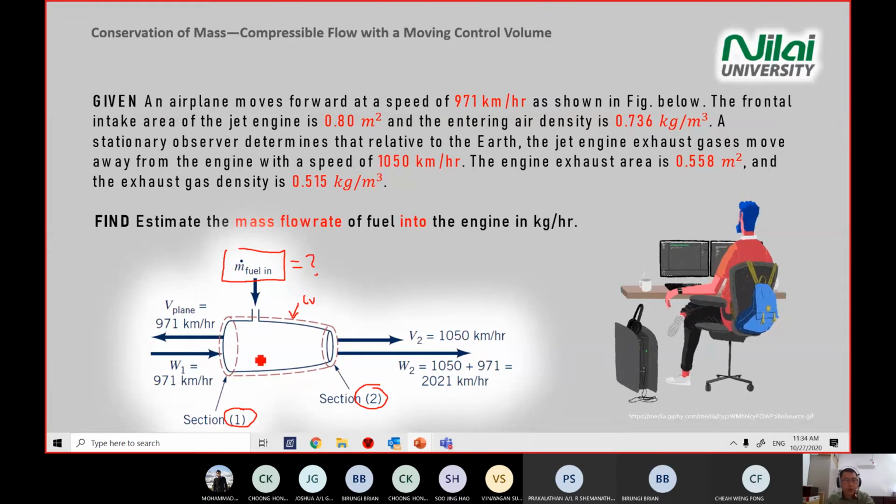Now remember, you're going in with the inertial velocity 971, and then you further push out from the engine with 1050. So your W, your relative velocity, will be 1050 plus 971. Your W2 will get 2021.